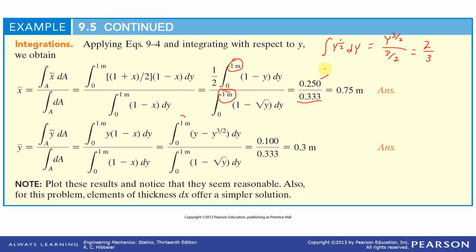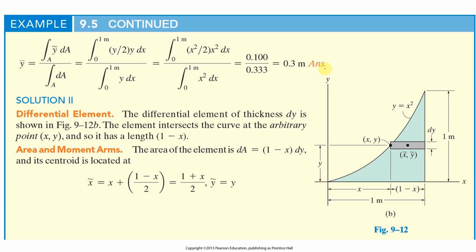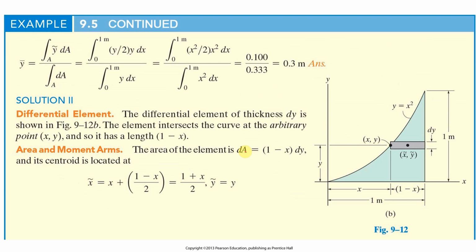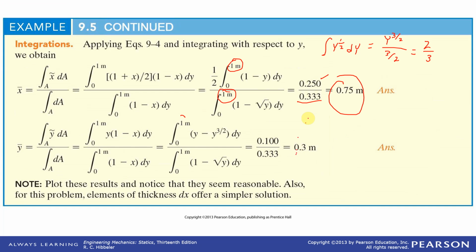Now previously, we got 0.75 meters doing the integral this way. Here we get 0.75 meters going the other direction. Same kind of reasoning here.